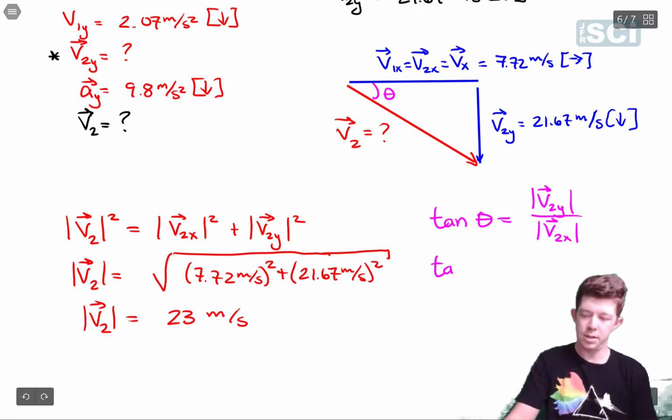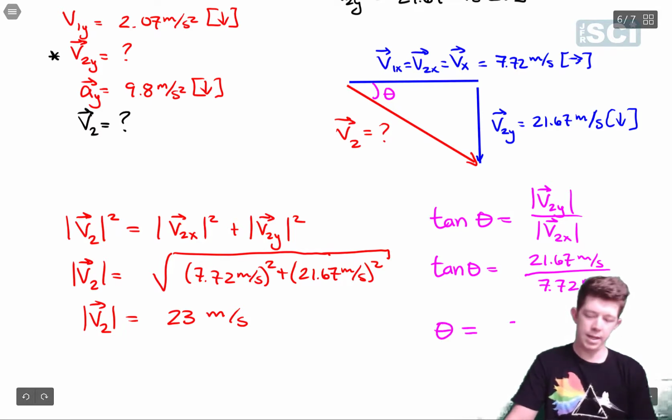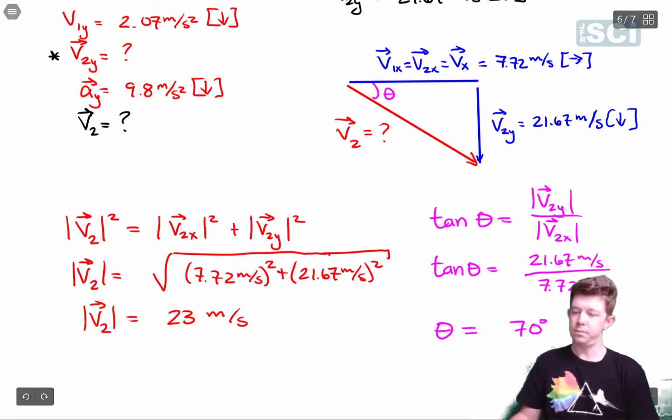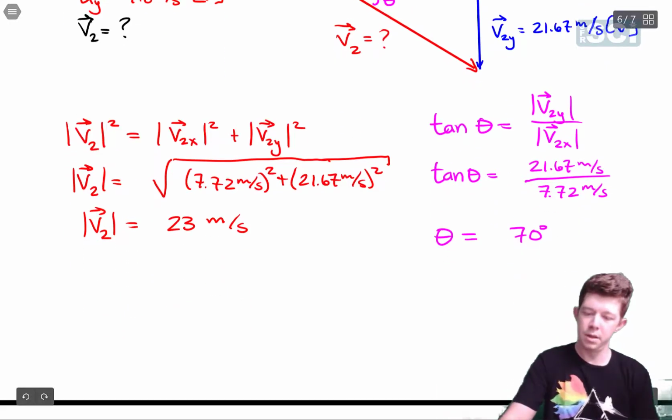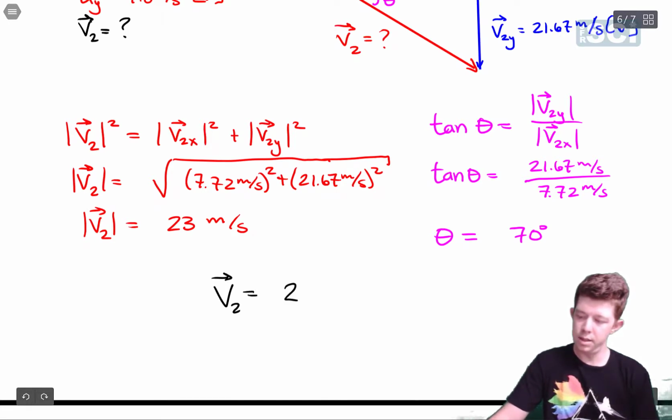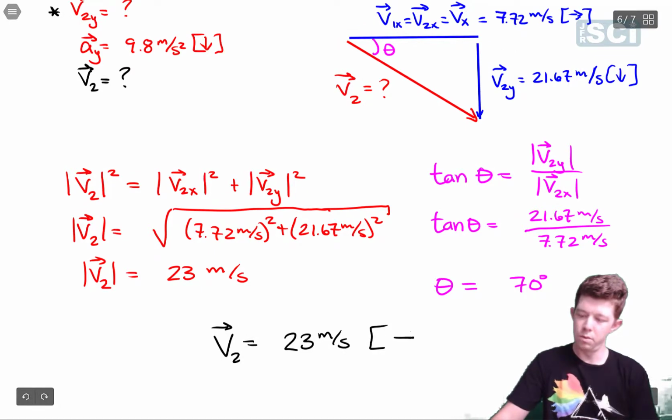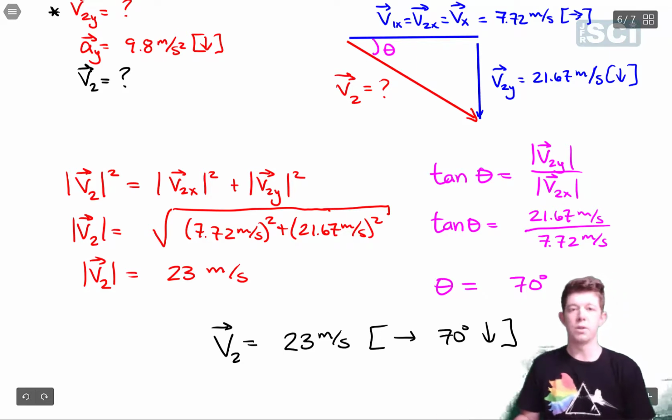Substituting our values, we get tangent theta is going to be 21.67 meters a second divided by 7.72 meters a second. And if you work that through, you get an angle of 70 degrees. So how do I summarize all this up? Well, I'm going to say then V2 is equal to 23 meters a second. The direction will be 70 degrees below the horizontal, towards the downwards direction.